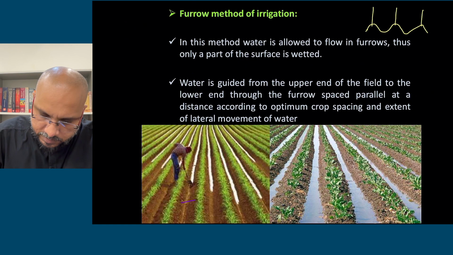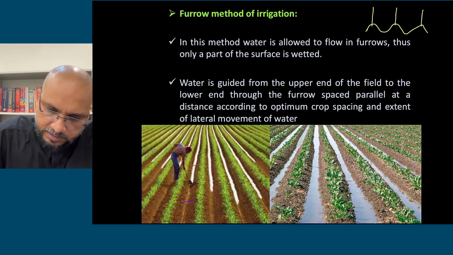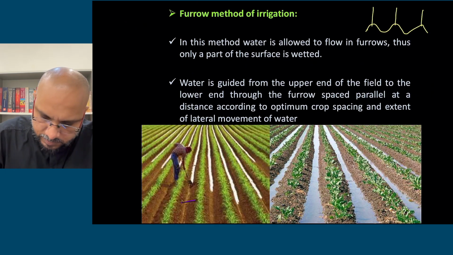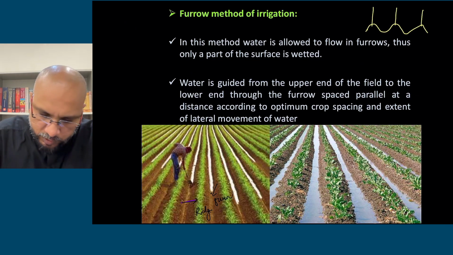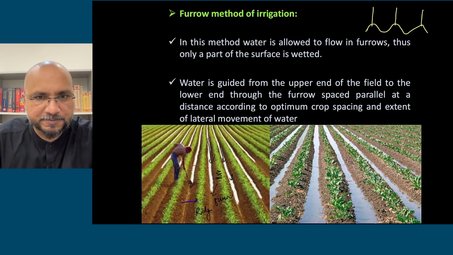So ये ridge है, okay, and this part is furrow, right? So you are applying the water in the furrows. So ridge part जो है वो dry रहेगा, furrow वाला part जो है वो wet रहेगा.